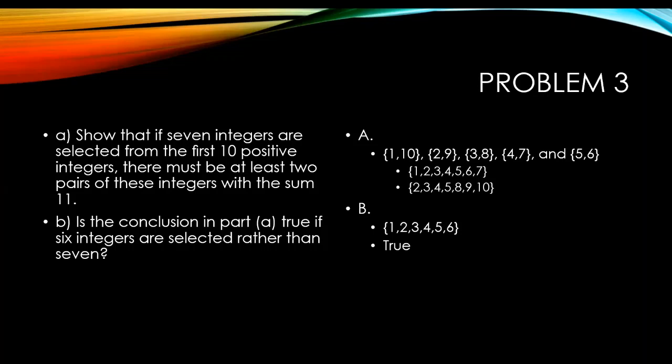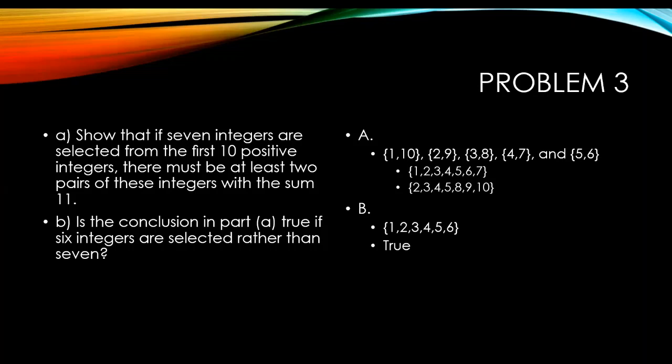Am I right? So the ceiling of 6 divided by 5. We have 5 containers. The ceiling of 6 divided by 5 is 1 point something; rounded up, it's 2.